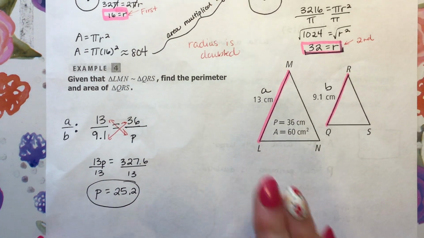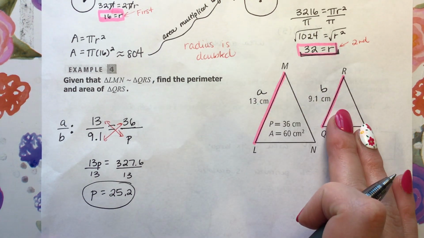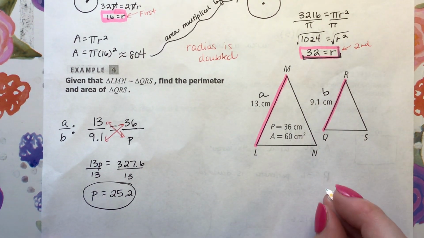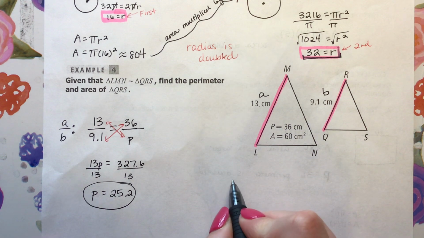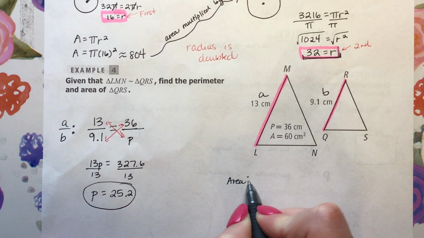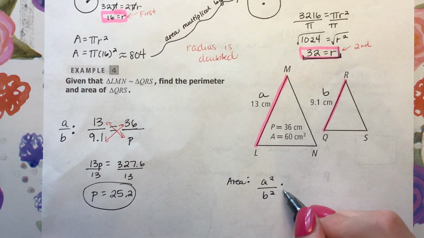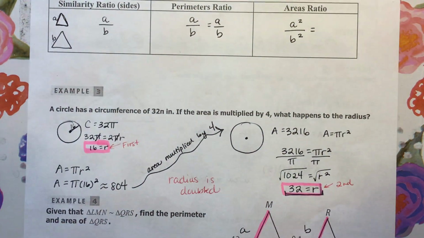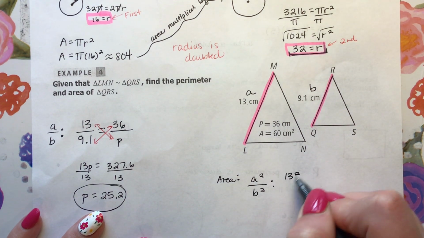For the area, I still have A and B for the sides, but I'm going to square them. So for the area, I'm going to say A squared over B squared. I'm getting that from up here. So now A is 13 squared.